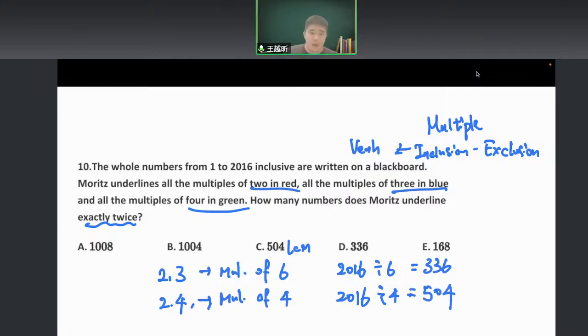Then we move on to the numbers that are both multiples of 3 and multiples of 4. But still, we find the multiples of 12.